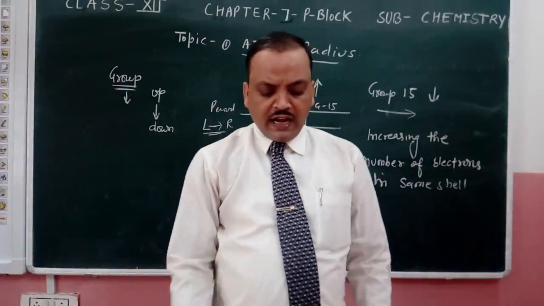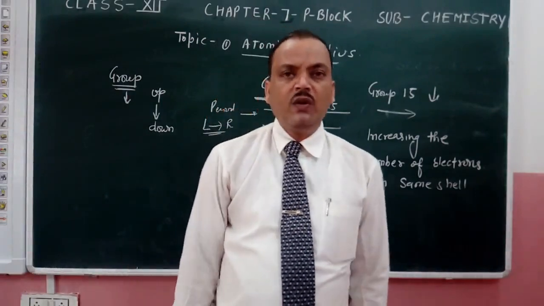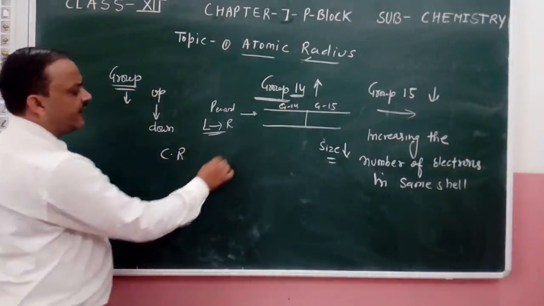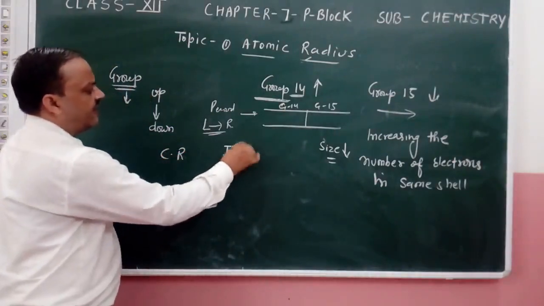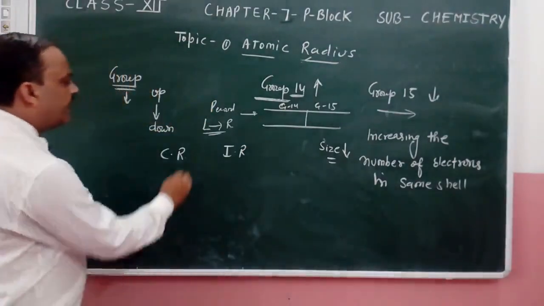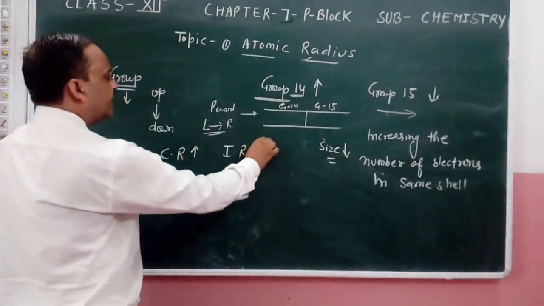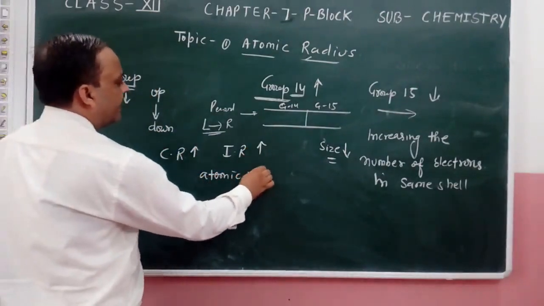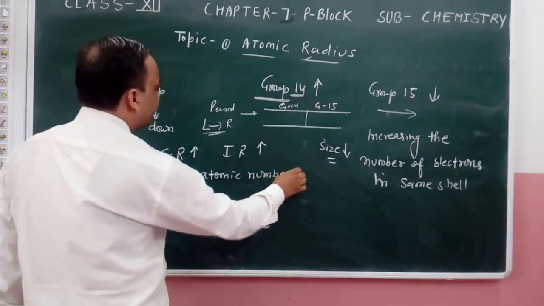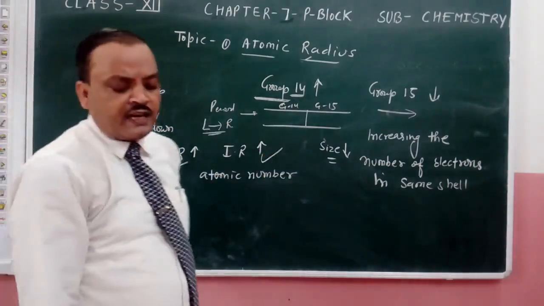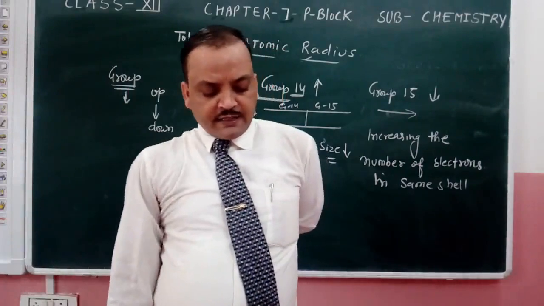Covalent radii (CR) and ionic radii (IR) increase with atomic number. As the atomic number increases, the covalent radii and ionic radii of these elements increase.